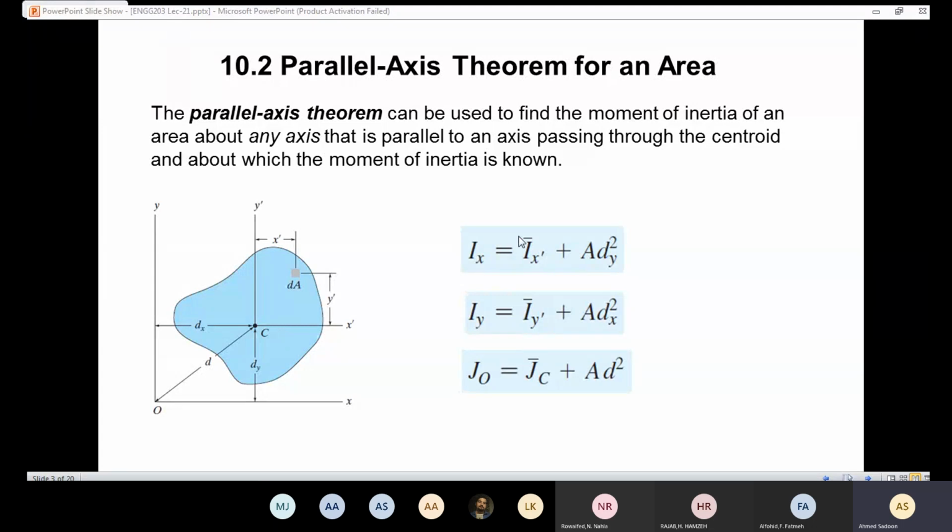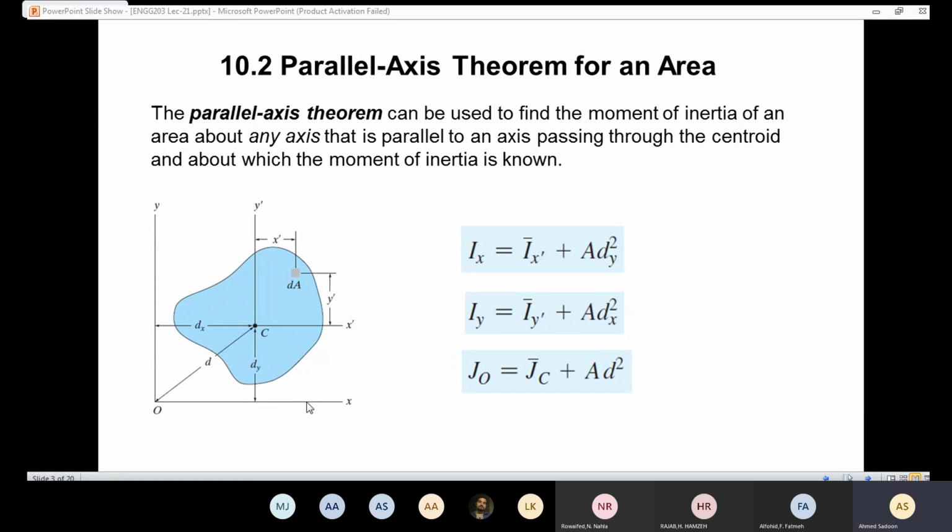So now I know Ix bar and Iy bar. I know the moment of inertia about this axis and that axis. Now I need to know the moment of inertia for that area about an axis here. It could be any axis, here or there.